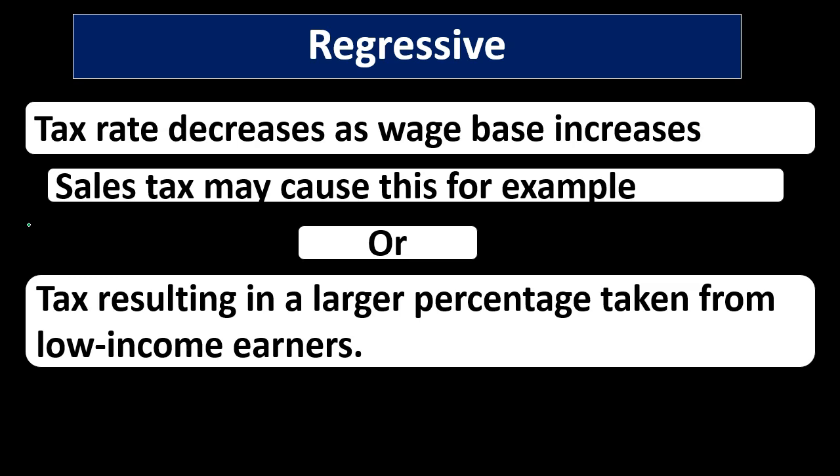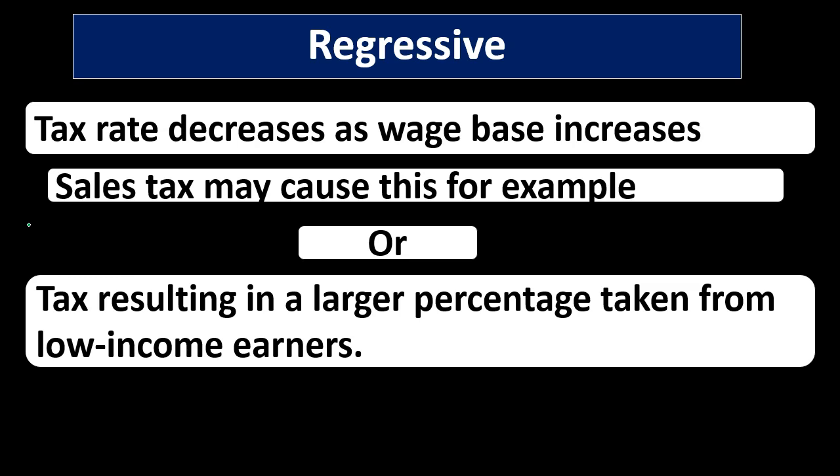If that's the case, and if you have a low-income individual, they're going to take their entire paycheck, 100% of their paycheck, and buy something. So if you have a 10% tax on consumption, every time you buy something in the store, they tax you another 10%, then the low-income individual is going to be paying everything that they earn to the store. So they're going to be paying 10% on all of their income.